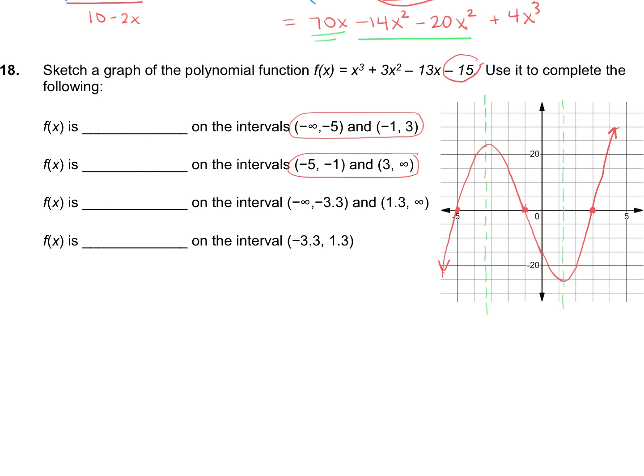So our function is negative on those intervals. Now from -5 to -1, we are above the x-axis, so we're positive here. And then from 3 to infinity, which is just the right side of your graph, we are positive there. So that's where your function is positive.